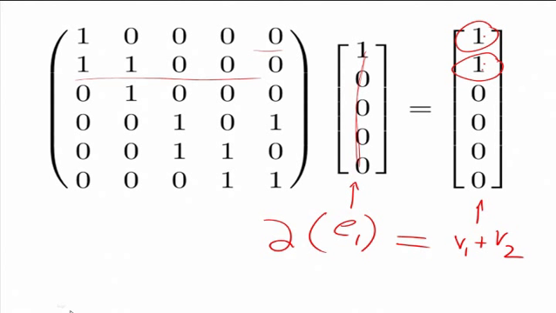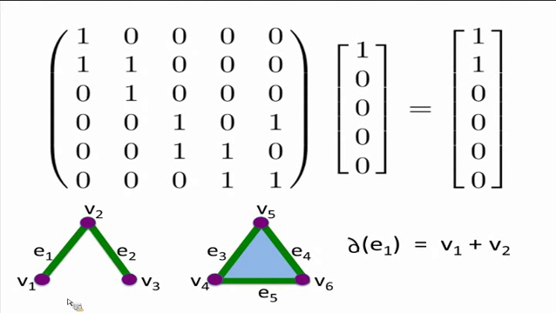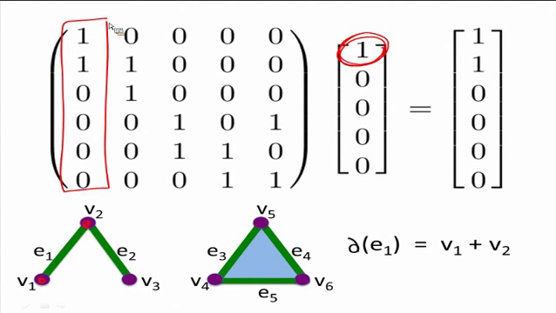We can see that in terms of the picture as well. My boundary of E1 should be V1 plus V2. And since I'm doing standard matrix multiplication, and I'm multiplying by E1, where I've got a 1 here and zeros elsewhere, I am picking up the first column, which we said represented the boundary of E1.